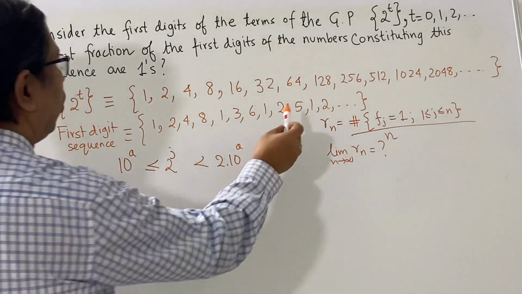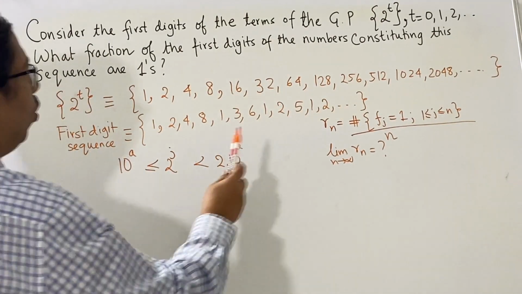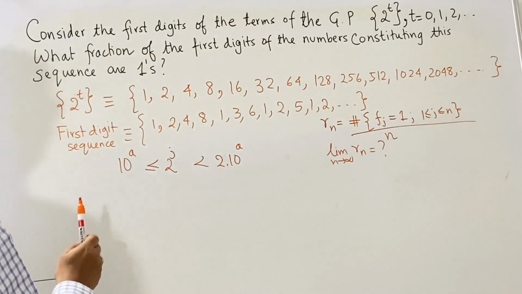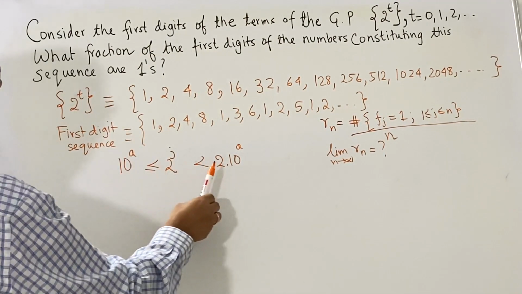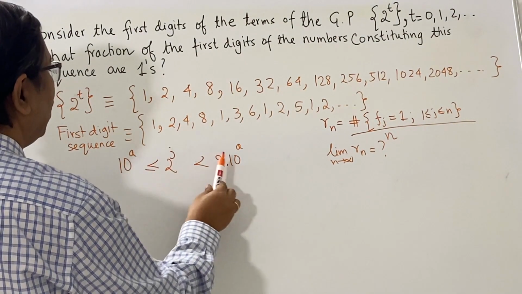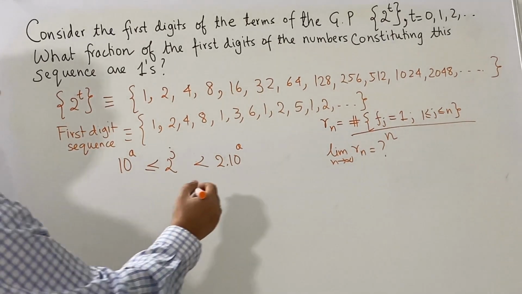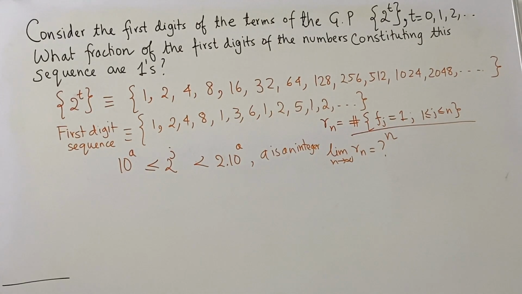If we look at 128, this lies within 100 and 200. If you look at 1024, it lies between 1000 and 2000, and so on. So whenever 2 power j lies between 10 power a and 2 into 10 to the power a, where a is an integer, that's important, then we will have the first digit equal to 1.